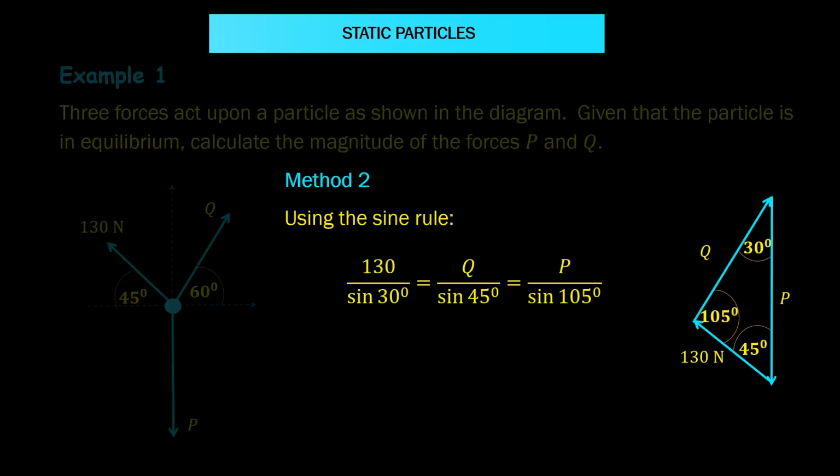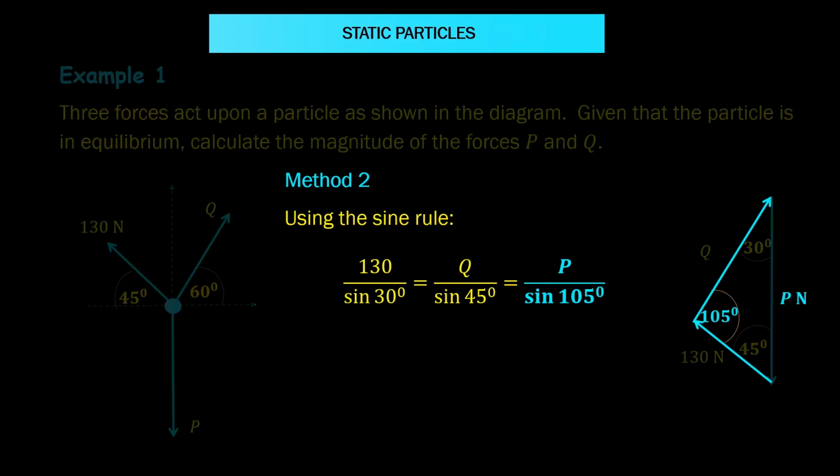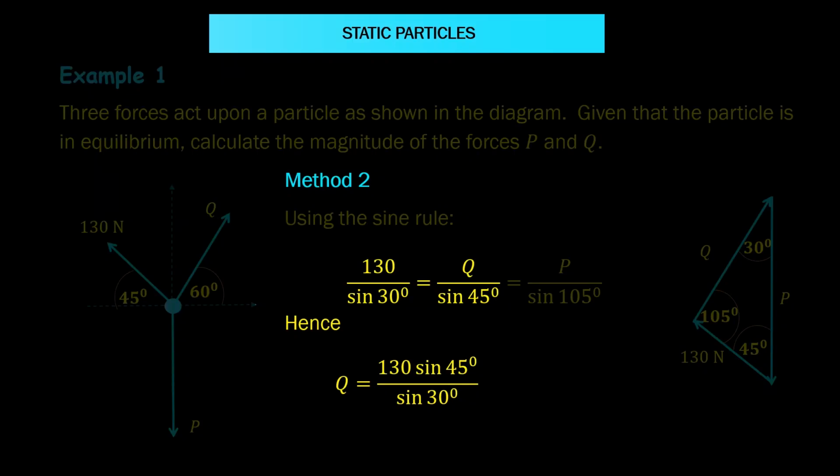And we can now use the sine rule to help us find the values of P and Q. So 130 divided by sine 30 degrees equals Q over sine 45 degrees equals P over sine 105 degrees. And therefore we have Q equals 130 sine 45 degrees divided by sine 30 degrees.